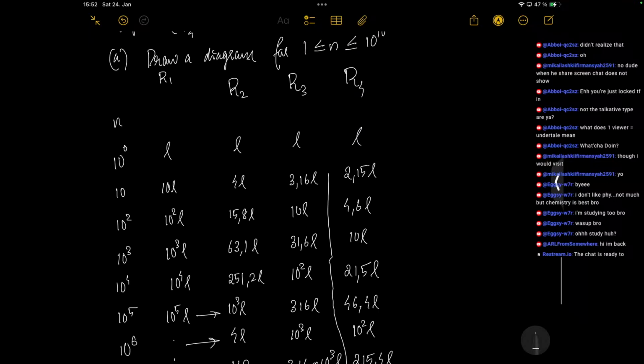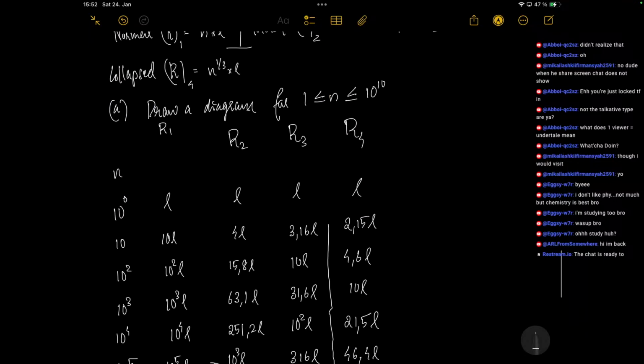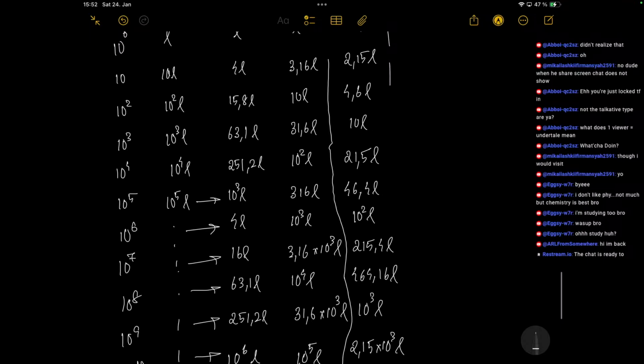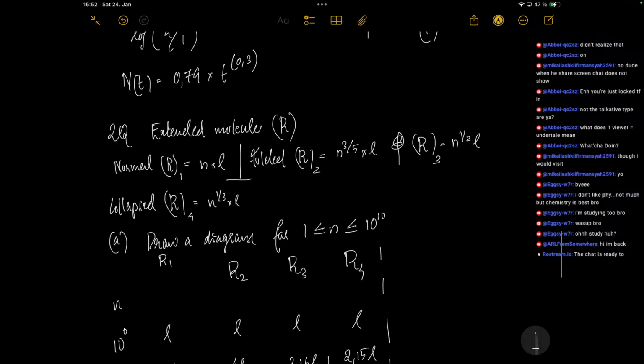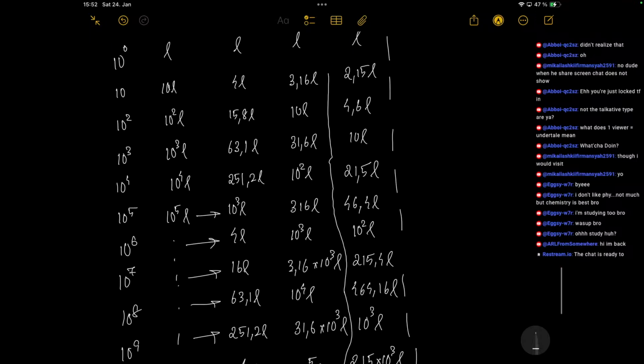So these are the values. Now I gotta find the log. Let me see the rest of the question.